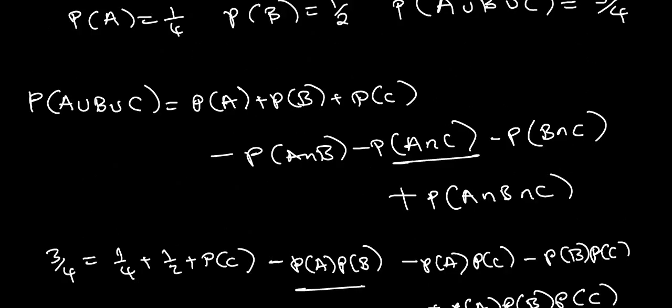Then we apply the fact that for independent events, the intersections are equal to the product of their individual probabilities. So this has to be preserved. Hope this is okay.